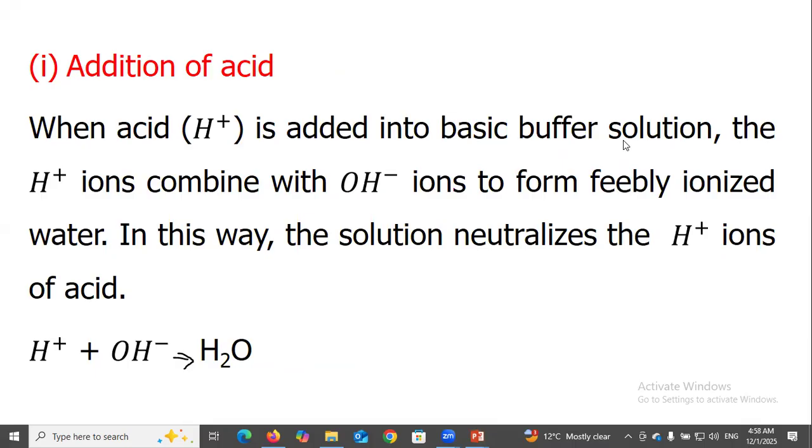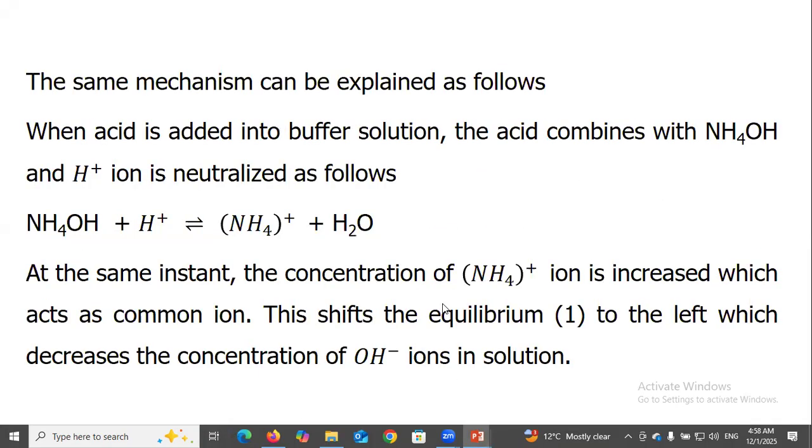Addition of acid. When acid is added into the basic buffer solution, the hydrogen ions combine with hydroxide ions to form feebly ionized water. In this way, the solution neutralizes the hydrogen ions of the acid. The same mechanism can be explained as follows.